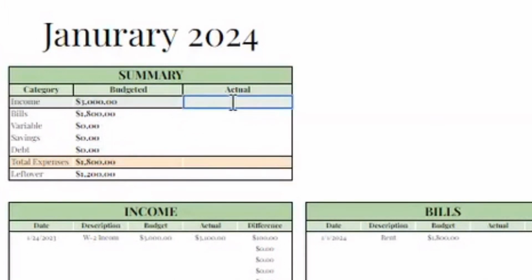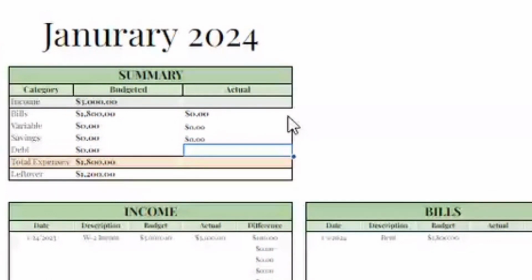So for our actuals, you do the same thing, equals, and you're looking for your actual column, which in this case for your income is C50. So you just type in equals C50. So for bills, again, you are doing equals K50. Your variable equals P50. Your savings is U50.